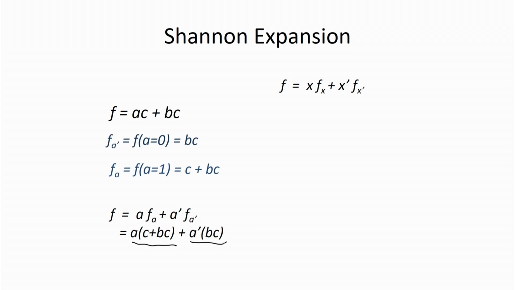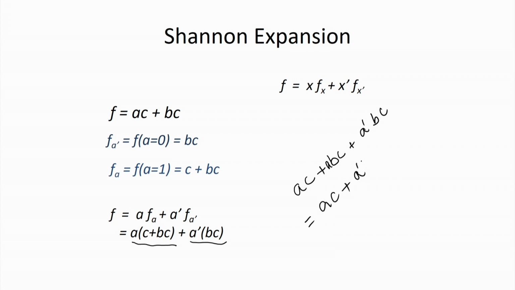Okay. Now, if I expand it, then what do I get? ac + abc + āCb... I made a mistake. Expanding, we get ac + abc + ābc.